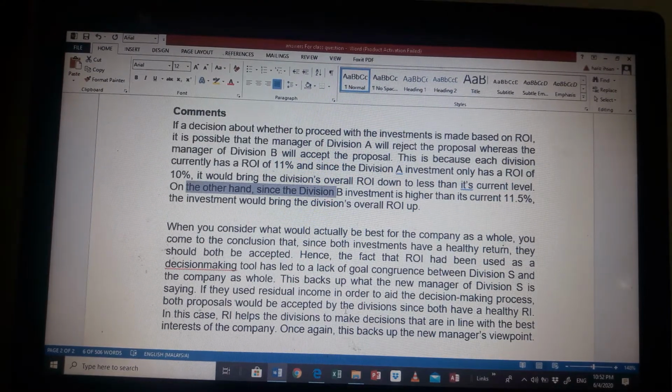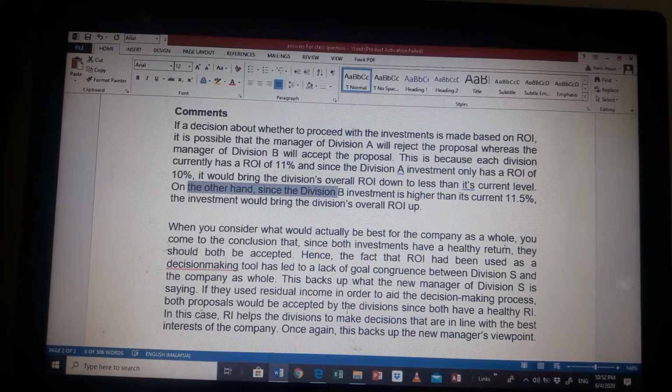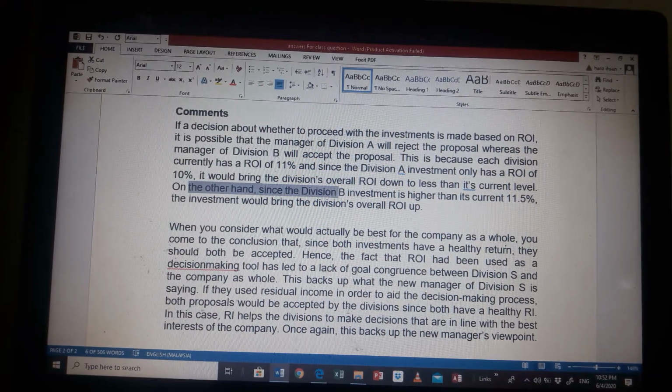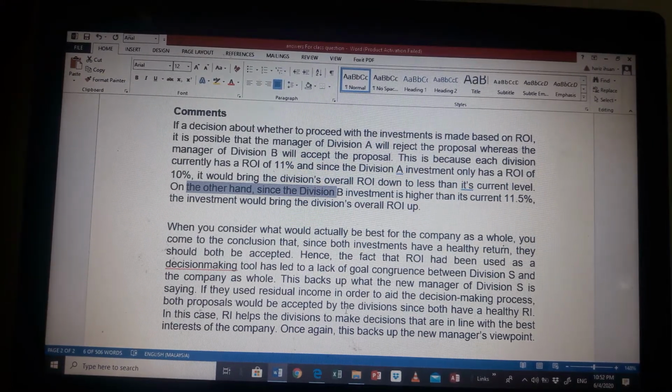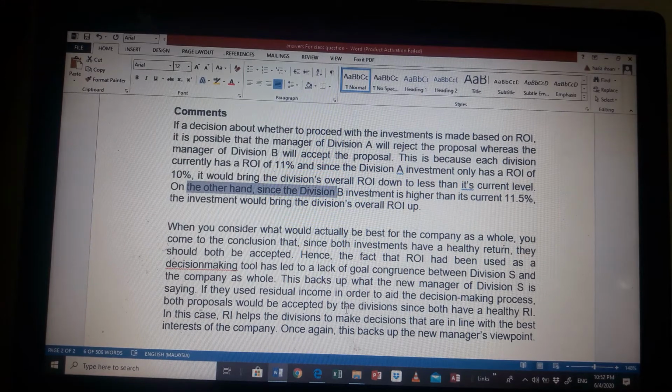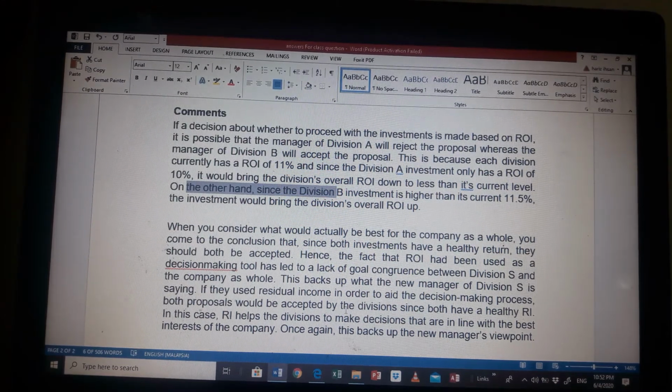We have to understand that any positive residual income is something that all managers should pursue. So if you as the manager of division A have to report this, if you were to partake in this venture, it will have a decrease in ROI. However, you will have a healthy residual income, which will actually be healthy for the company as a whole.